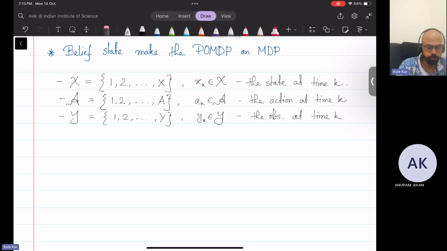So in MDP, you have come across the transition probability matrix. Here also you have a transition probability matrix.